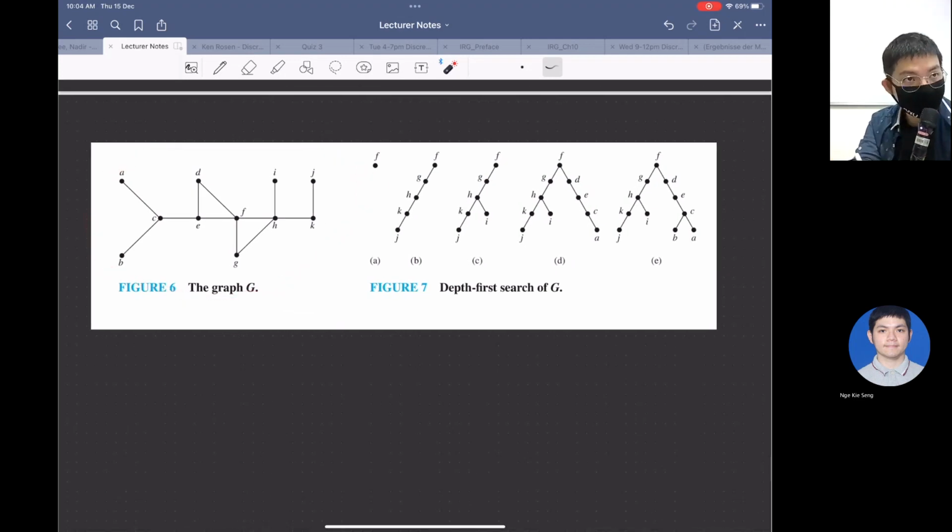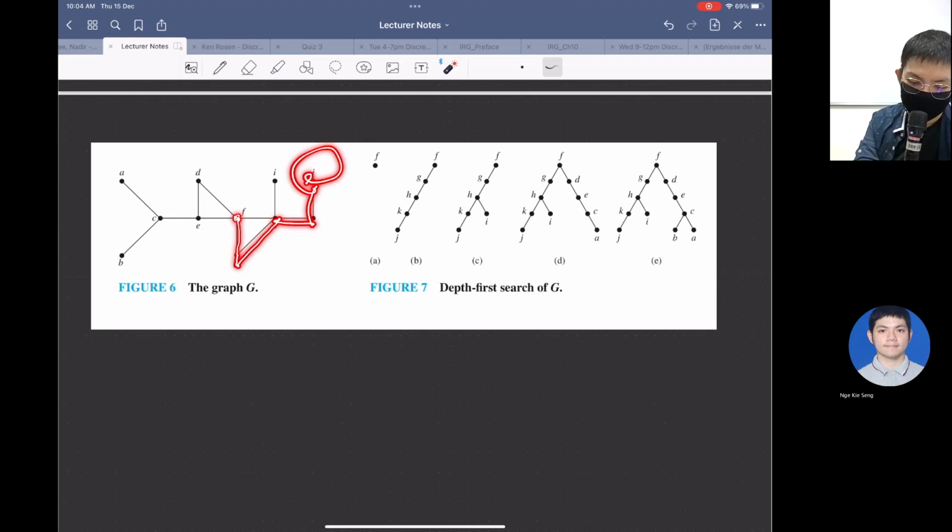Let's say we start at F. We keep forming edges and vertices as long as possible. So we start at F, go to G, go to H, go to K, go to J.